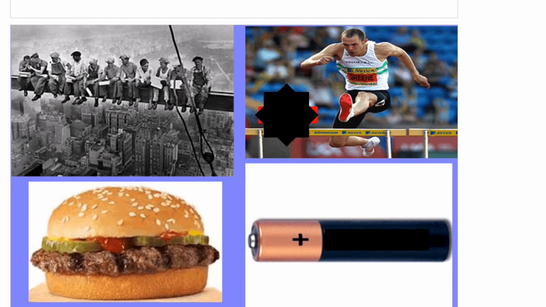Well, these diagrams say it all. I'm thinking with this sprinter here, we've got some movement there, kinetic. Movement energy, kinetic. These builders are in the USA, Manhattan, I think in the 1920s or 30s.